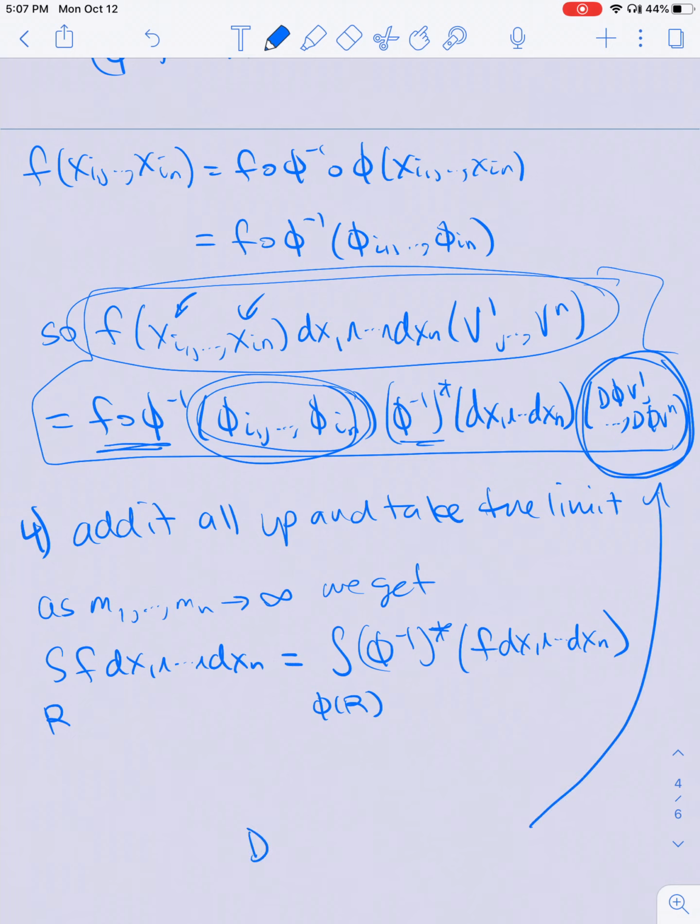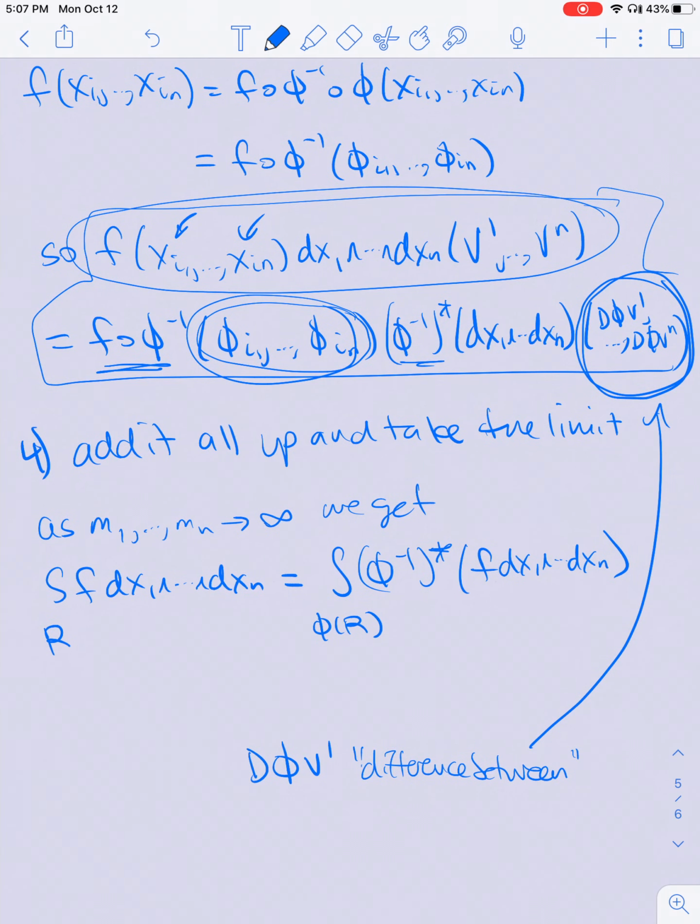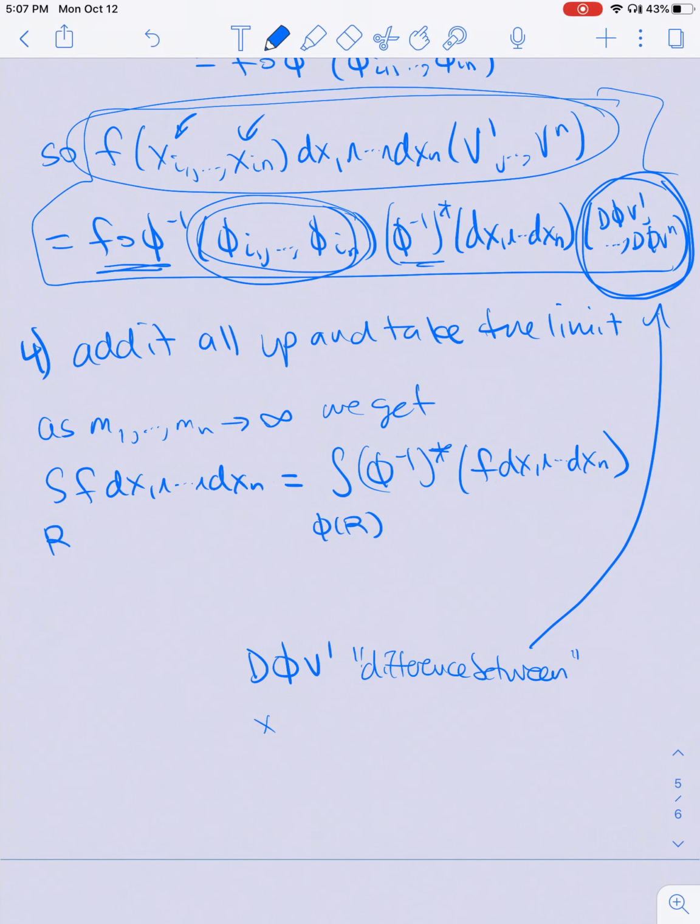And remember, because we're computing, we want to be looking at the differences between points. So d phi v1 is the difference between the points xi1 plus 1 and xi1, and then setting all the other coordinates to be 0.